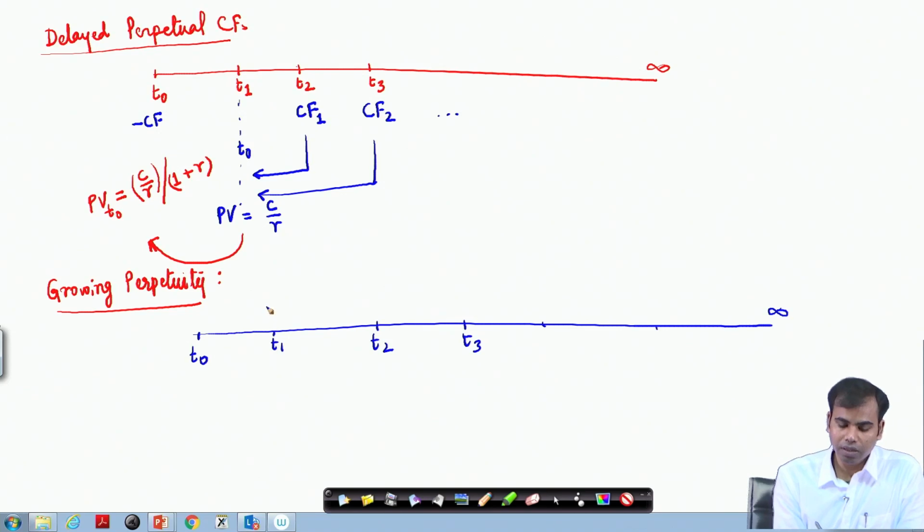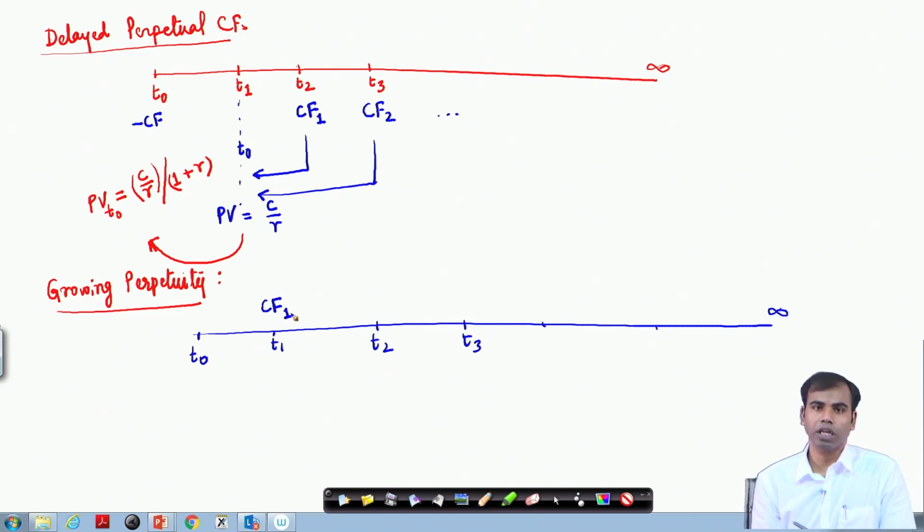and the situation here is, in year 1 you have CF1, which is your first cash flow.